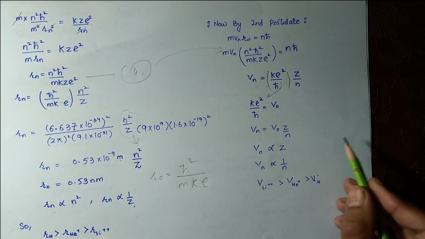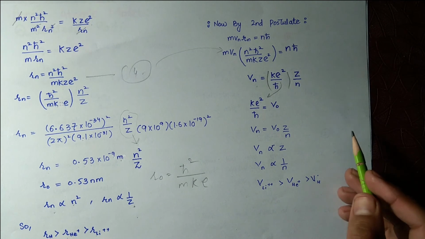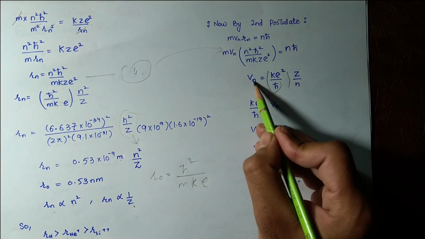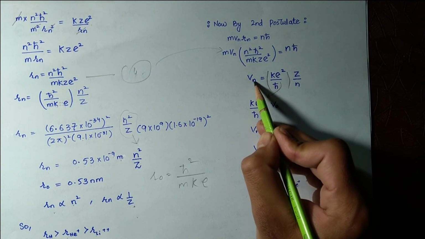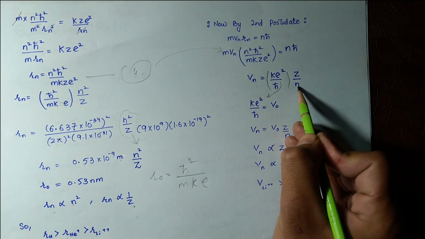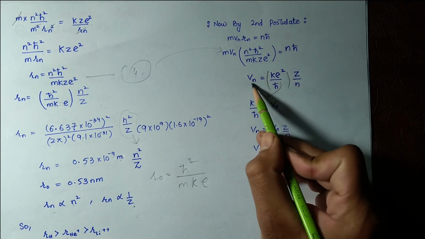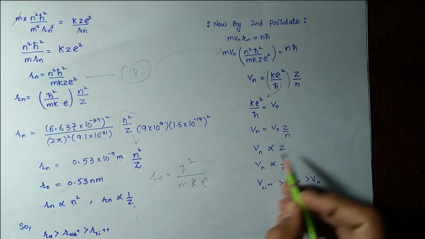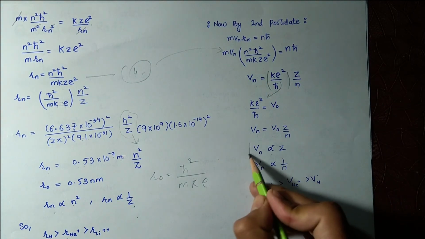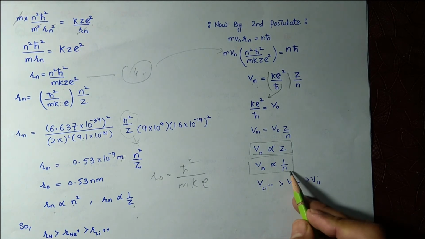The main thing I want to tell you is that this v of n also has a relation with z and n. The relation is that v of n is directly proportional to z, and v of n is inversely proportional to n, the principal quantum number.